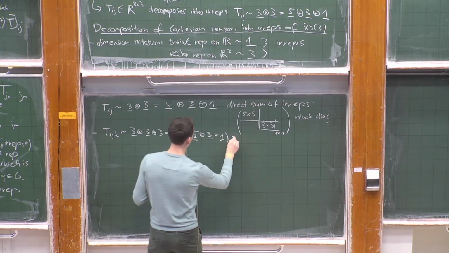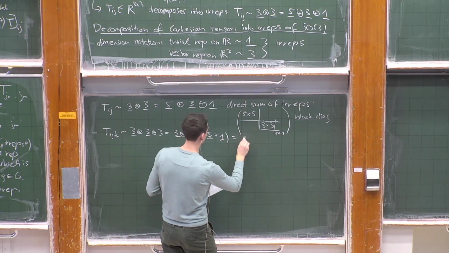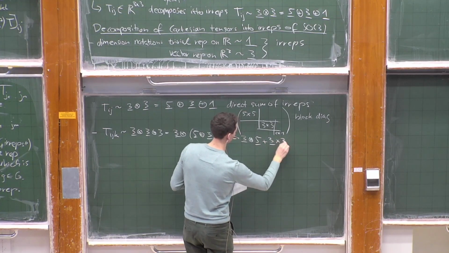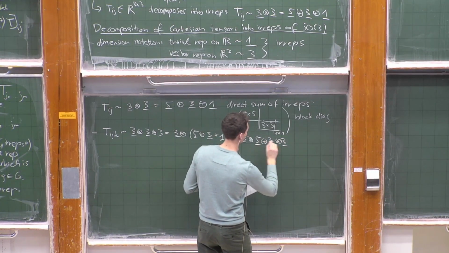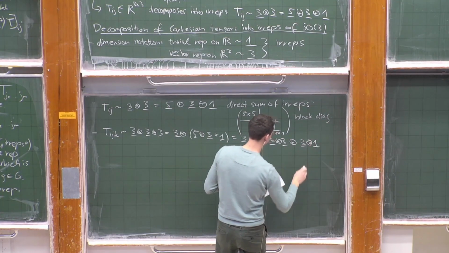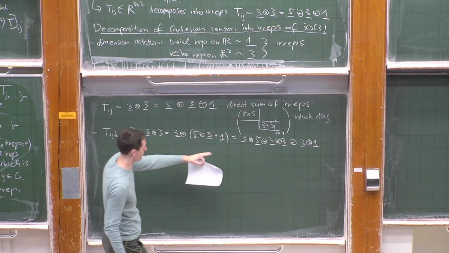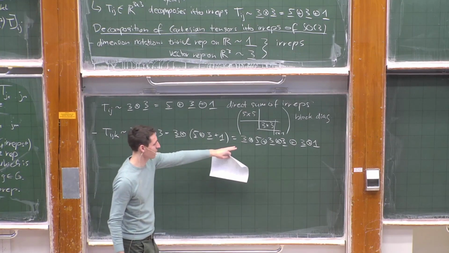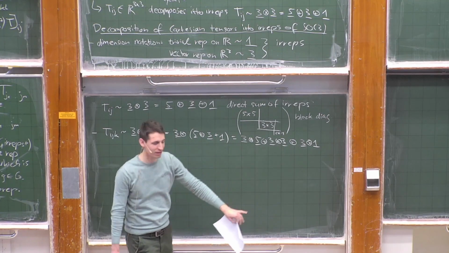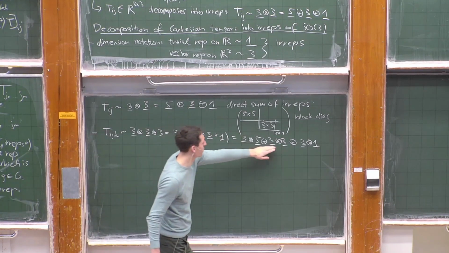And then we can further write out this product here, like so, into a direct sum of product representations, one could say, single products. And then these are irreps now, and they can again be decomposed into irreps by similar rules.